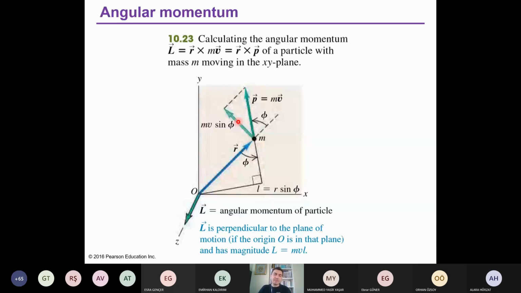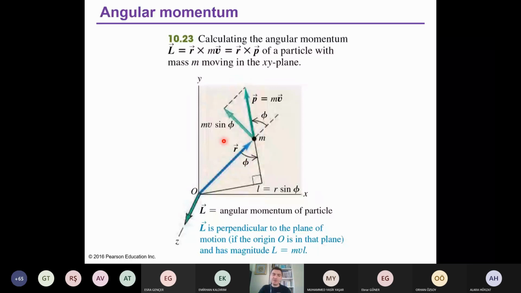This is the perpendicular component of the momentum to the lever arm or position vector, and this is the distance to the rotation axis. If you multiply both quantities, you can calculate the angular momentum.